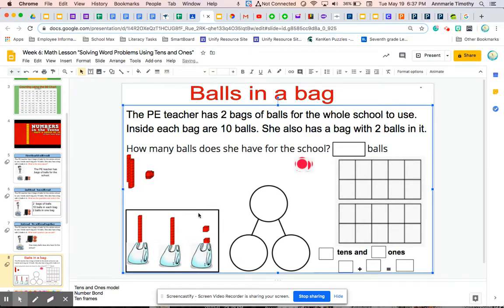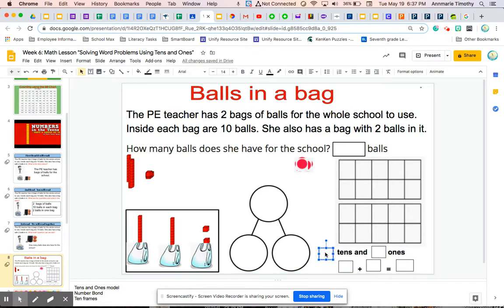Now, how many balls does she have for the school? Now, if we can count 2 tens, I'm going to go over here. She has 2 tens. And how many ones does she have? You're right, she has 2 ones. 2 tens as a 2-digit number is 20.